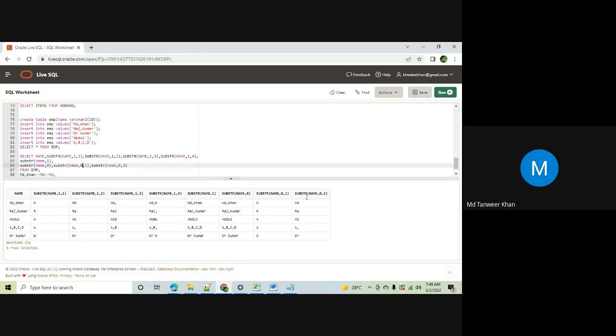That's why if you use SUBSTRING(name, 0, 2) or SUBSTRING(name, 1, 2), you get the same output. That means position 0 or position 1 are one and the same in the SQL engine. Hope it is clear now.